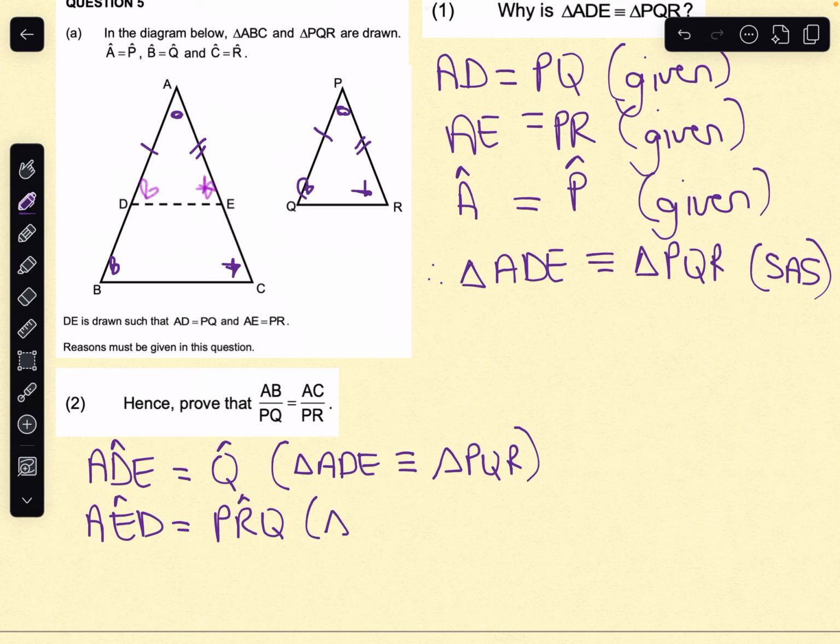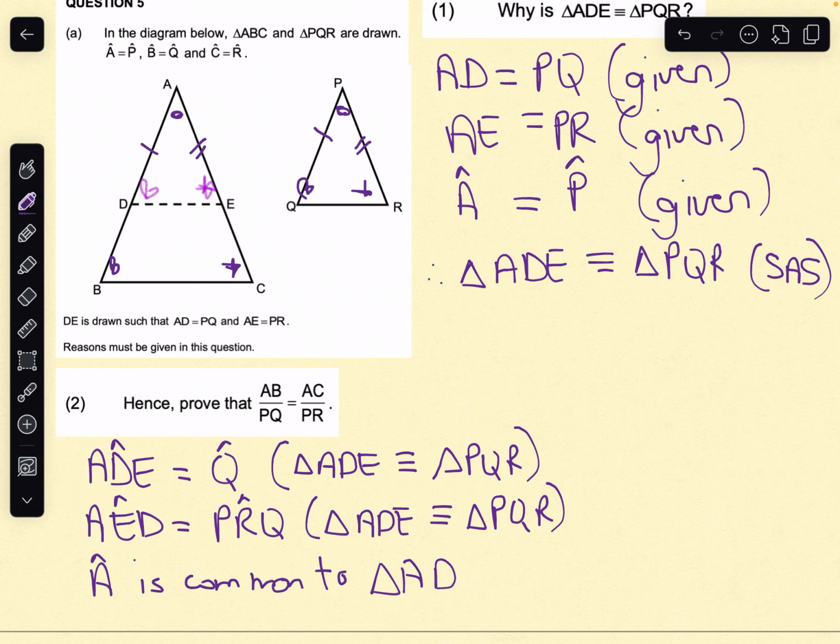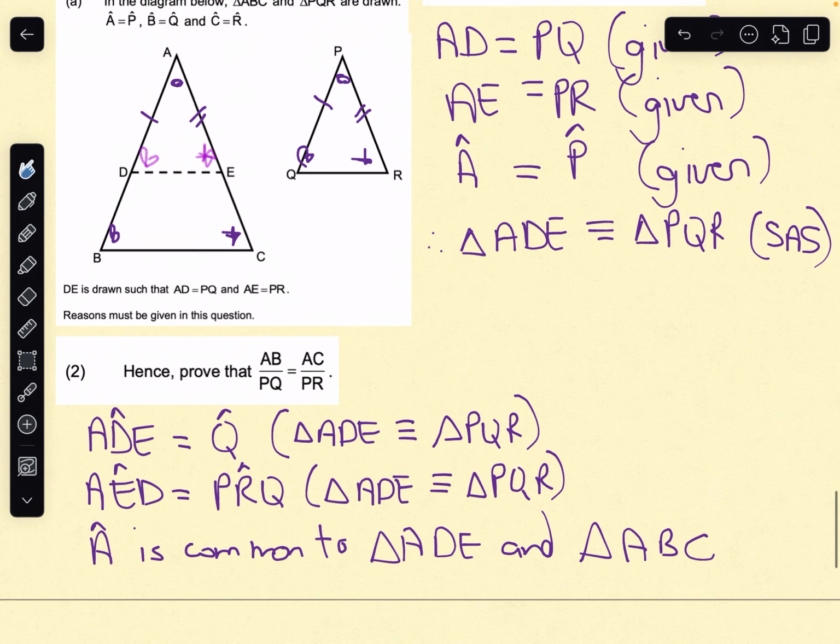And that is also because of the congruency of these two. And so therefore, we know that angle A is common to triangle ADE and triangle ABC.